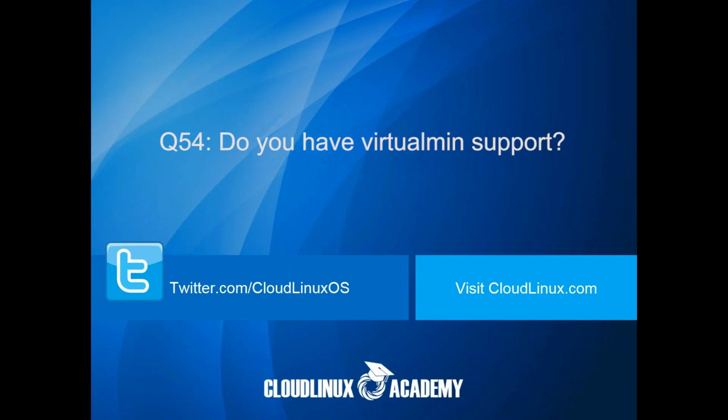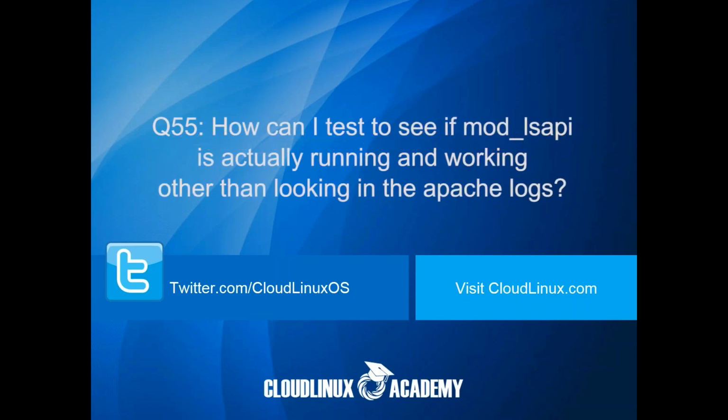How can I test to see if LSAPI is actually running and working, other than looking in the Apache log? If you set up a PHP info page, like a standard empty PHP page with phpinfo inside, and look at the handler, you will see that it is handled by LSAPI.